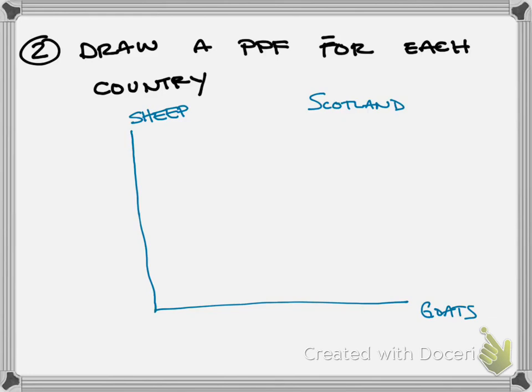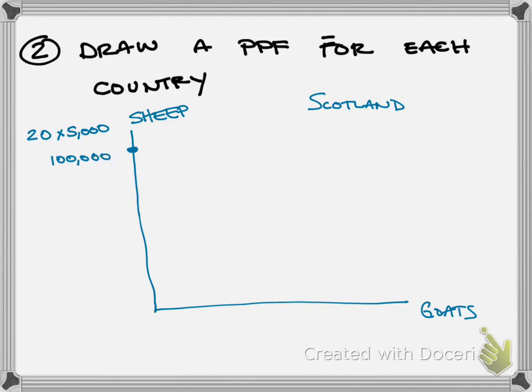Let's suppose that Scotland would put all their resources in producing sheep. For each acre they can produce 20 sheep, and they have available 5,000 acres. So if they were to put all their resources to producing sheep, they could produce, let's do the math here correctly, 100,000 sheep.